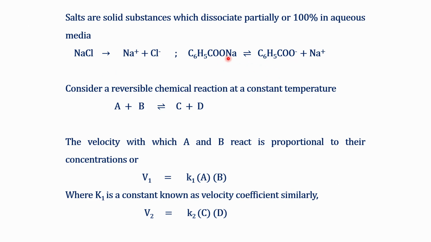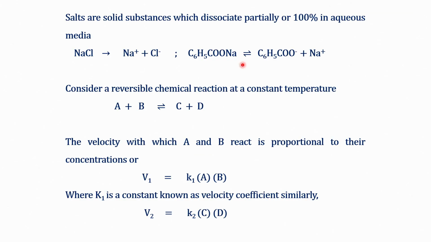Whenever you put benzoic acid in solution, part of it will dissociate to give you C6H5COO- and cation plus some of the undissociated acid. Okay. Sodium benzoate is used in a lot of pickles as a preservative.